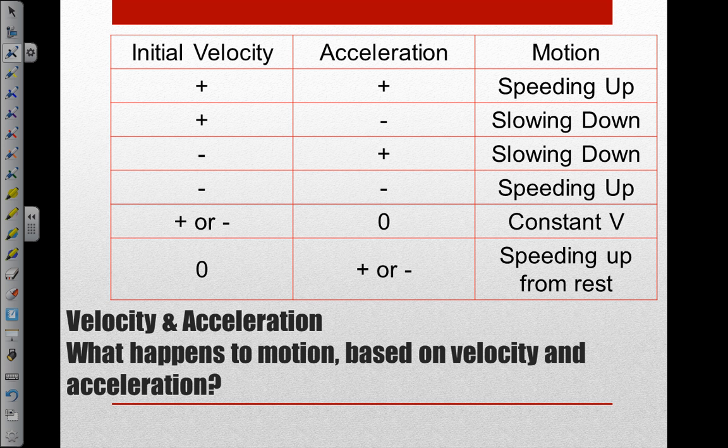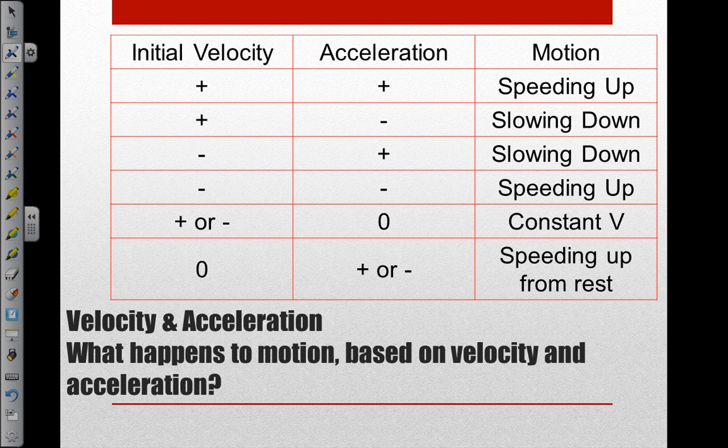So anytime that acceleration and velocity have the same sign, physically, that object is going to speed up. So it could be positive and positive, or it could be negative and negative. If you have a negative velocity, -4, and you change it negatively, right? A negative acceleration.